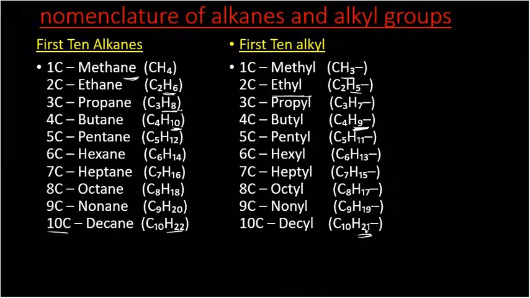Now let's go on to the skeletal presentation of alkanes and alkyls. Let's first go to ethane. Ethane is C2H6, like that.